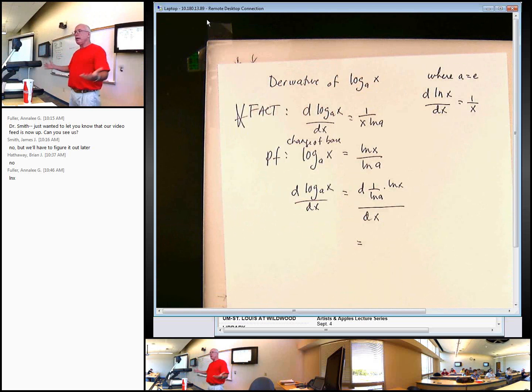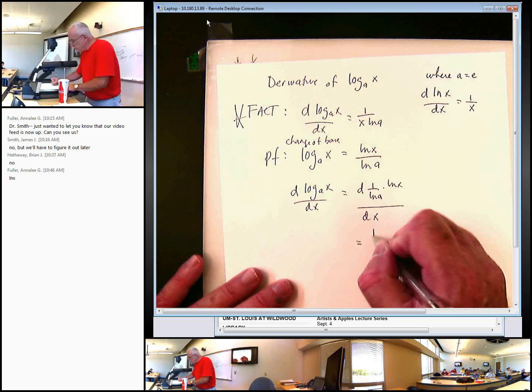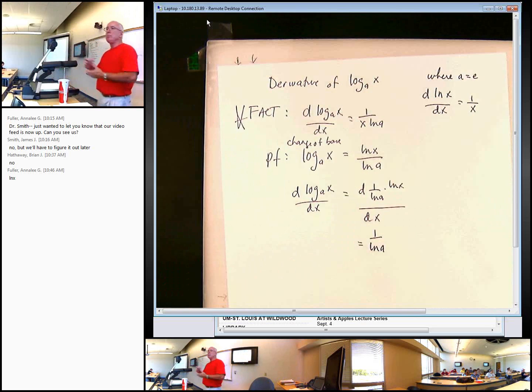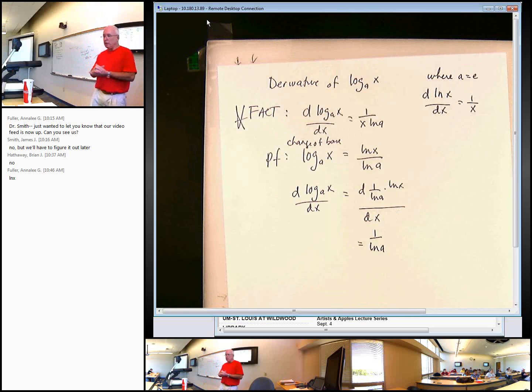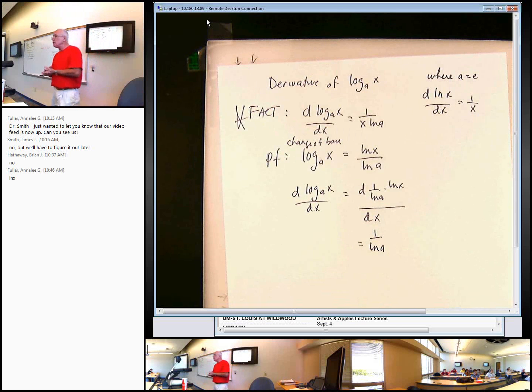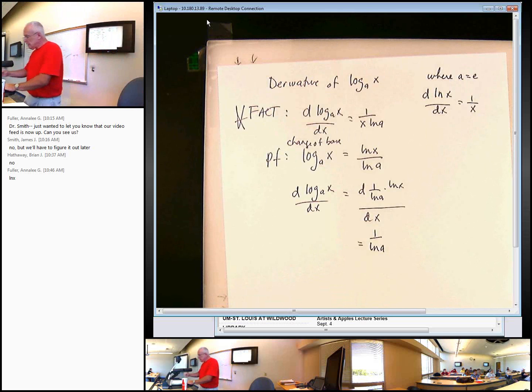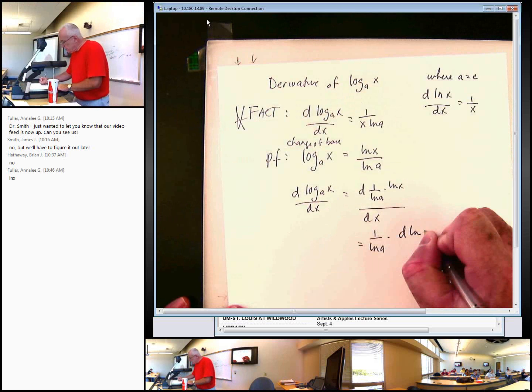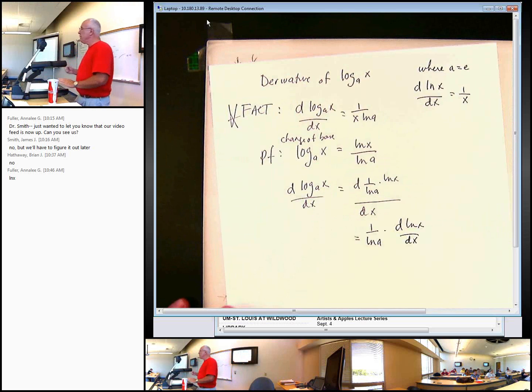Natural log of a is some number. So I'm multiplying the ln of x by 1 over the natural log of some number. When I do the derivative, I keep that number that is multiplying in front. So I start out with 1 over the natural log of a times the derivative of the natural log function.